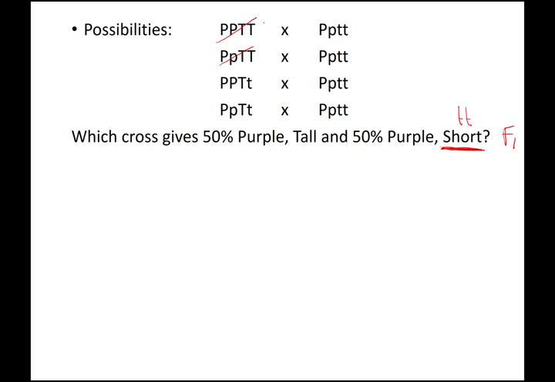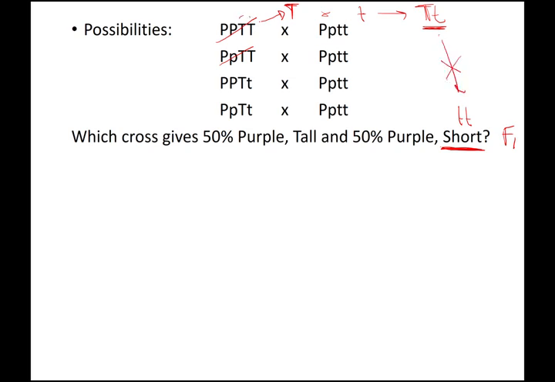Why? Because in these plants, for sure, every gamete would have a dominant form of the allele for the height of the plant. And this one, all of them will give you a gamete with a recessive form. So crossing these 2, you would always get a heterozygous form of the plant, which will be tall, not short.